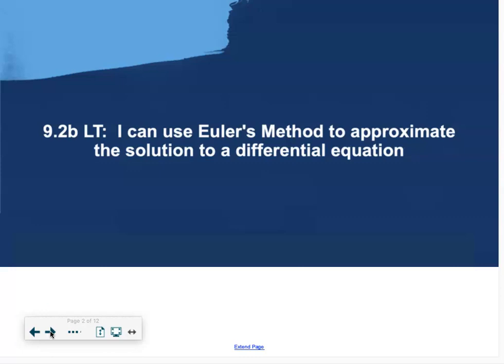You called him Lenny? I like that. I think Lenny's method sounds much better. Yep, Lenny's method. All right, 9.2b, Euler's method. Or Lenny's.